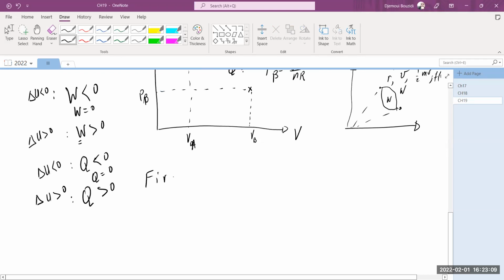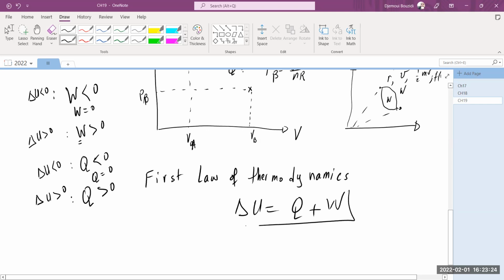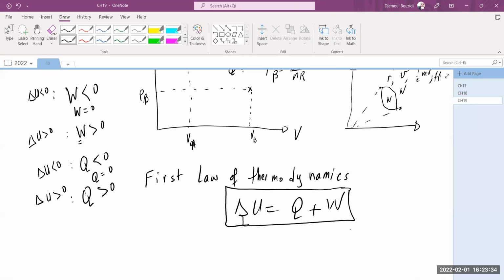First law of thermodynamics says the following. Delta U equals Q plus W. To change the internal energy of the system, either add heat to it or do work against it, or both.